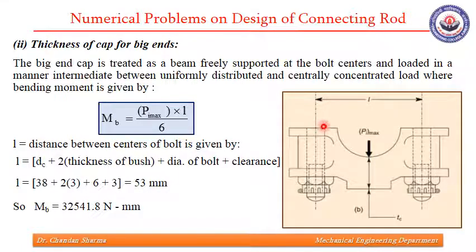This is radius of bolt, this is radius of bolt. So together they combine diameter of bolt plus clearance somewhere over here of 3 mm. So length comes out to be 53 mm. Putting the value of Pi max and length in this formula, bending moment comes out to be 32541.8 Newton millimeter.